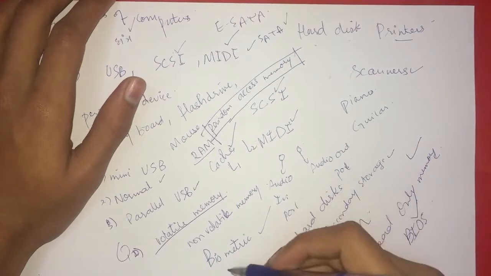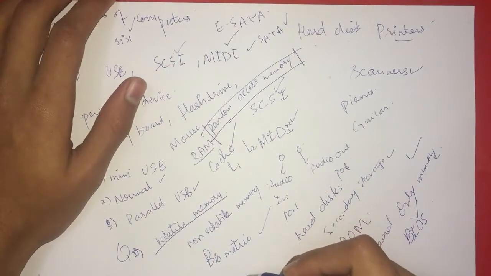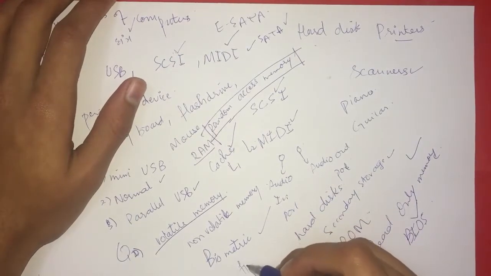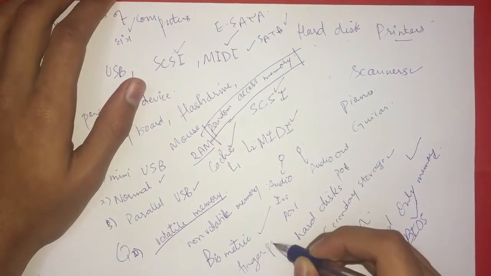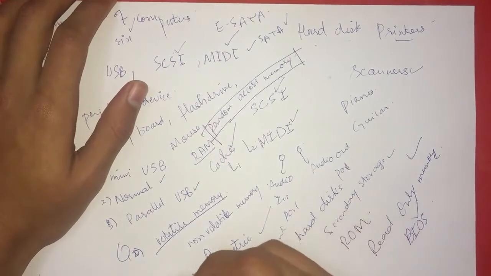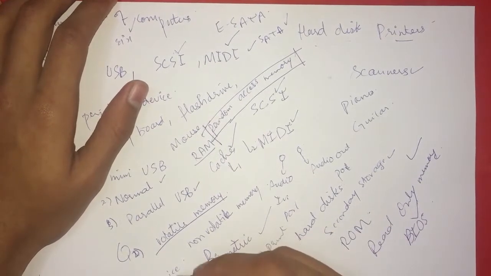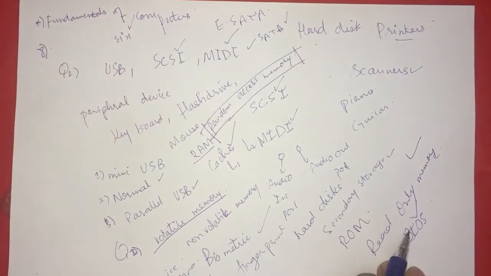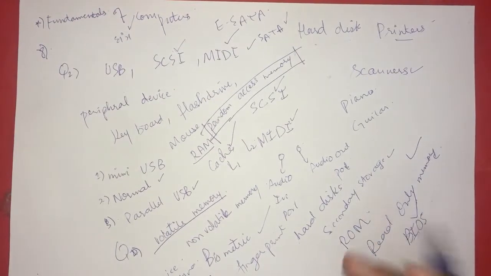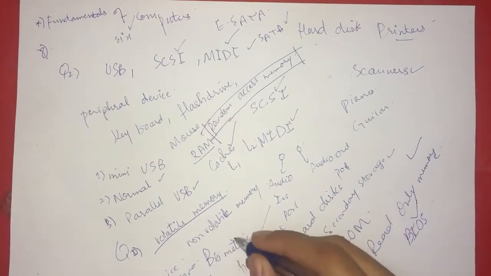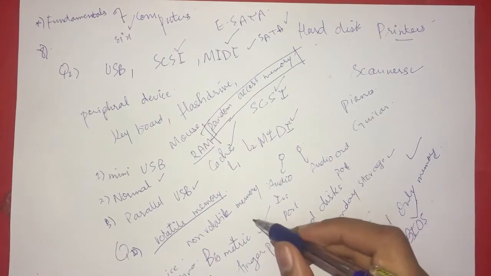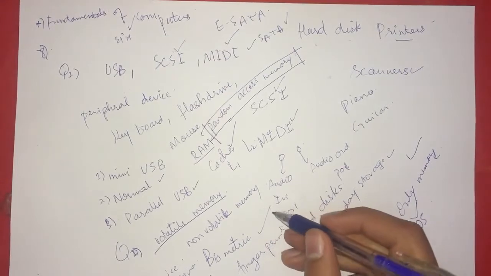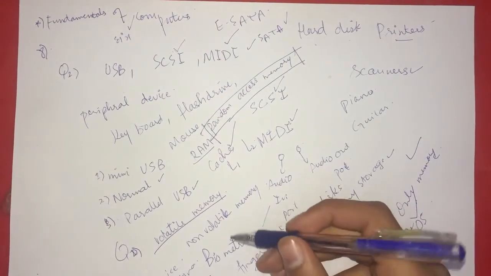For example, the gesture of hands, or for example fingerprint, voice, the structure of the retina, or the eye. So any physical trait involved in the identification of a person is known as biometric identification, and any system that does that is known as a biometric system.